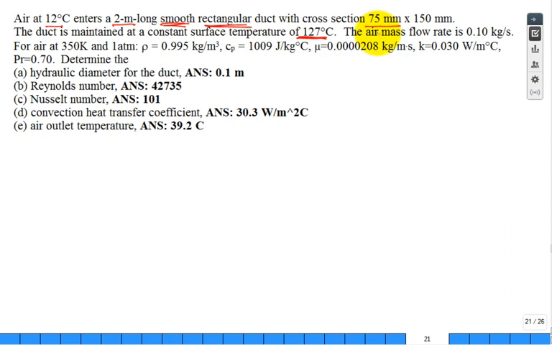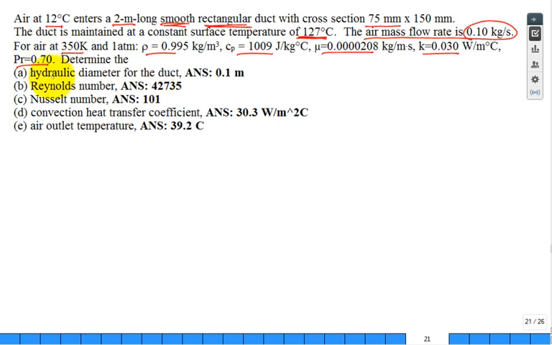The air mass flow rate is given. For air at 350 K and 1 atm, here are some properties out of the table. You can go look at the table and verify that those are properties for air at 350 K and 1 atm.